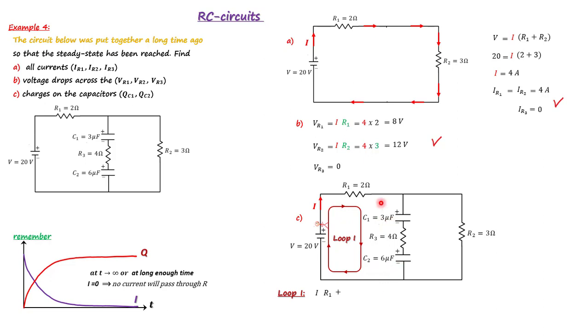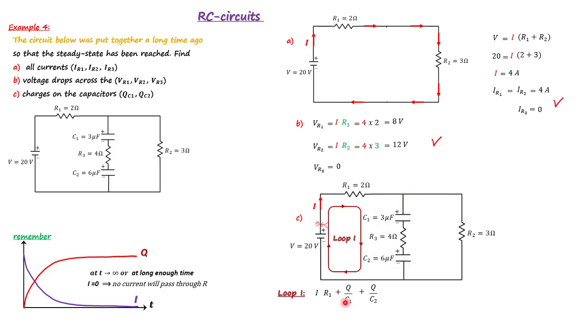So it is Q over C1. There is no current passing through here, so there will be no voltage drop across R3. We already discussed that in the previous part. The voltage for the second capacitor is positive too because I'm using the same sign convention, plus Q over C2. You see, I am using the same Q for the first and the second capacitor because they are in series. When they are in series, you have the same charge.